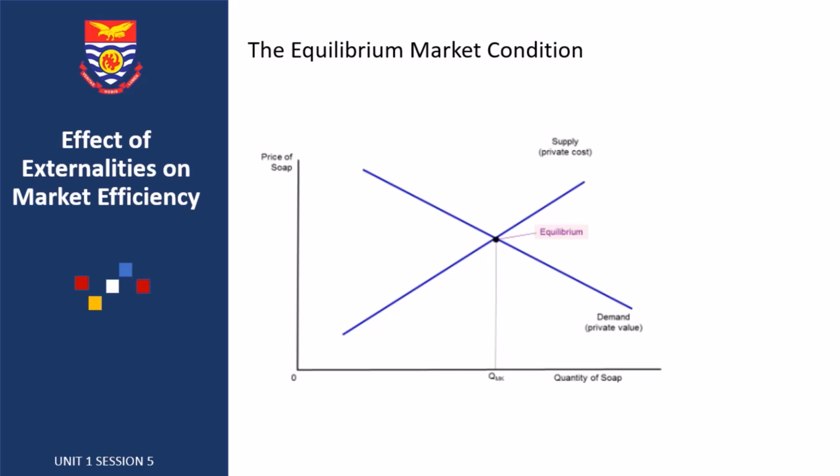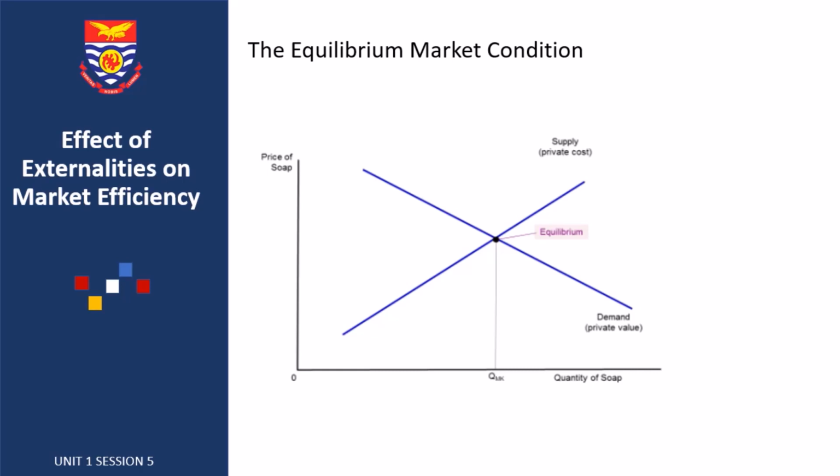The equilibrium is the intersection between the demand curve and the supply curve. The demand curve stands for the private value that the consumer derives from the consumption of that particular commodity, and the supply curve is the cost to the supplier of this commodity.